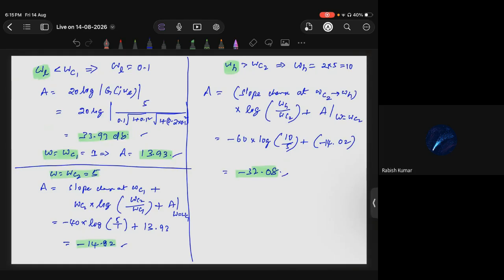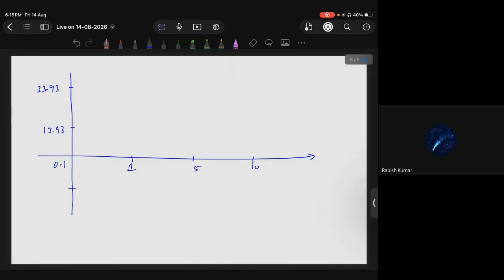At 10, the value is minus 32.08. Okay, so now you can plot them. From here the value goes like this. Then from here it goes in the negative way. It goes like this. Then here the value is at this point.